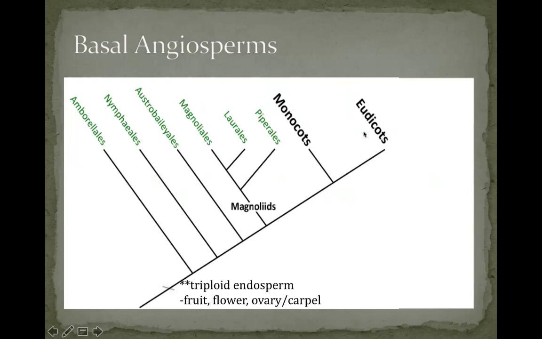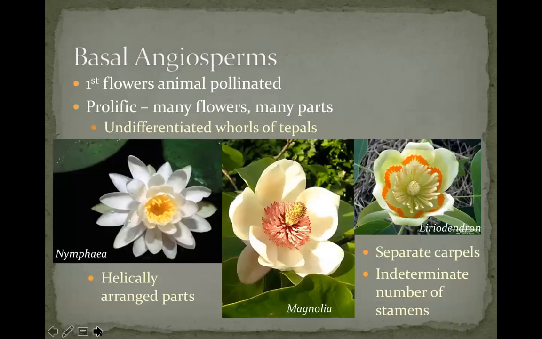And then we have the eudicots, which is the more derived group. And again, the unifying characteristic for all angiosperms is the triploid endosperm, a result of double fertilization, and then the fruit, flower, and then the ovary, which is basically going to be your fruit.